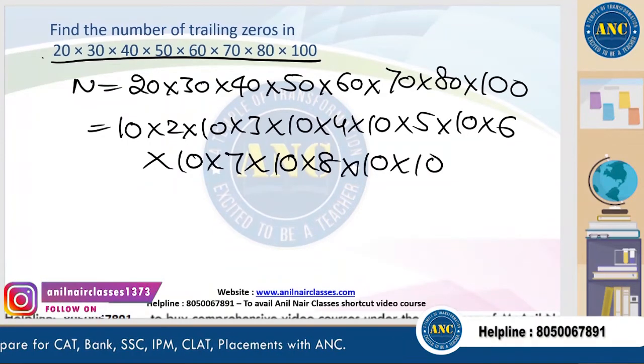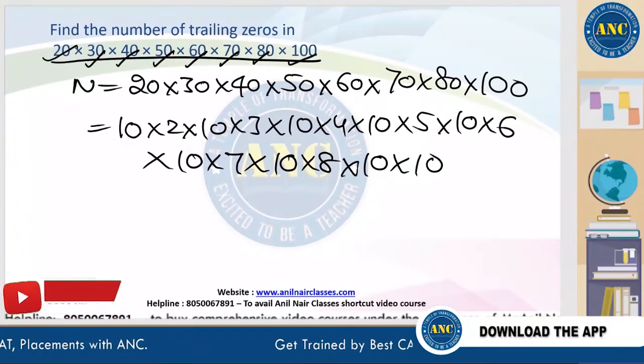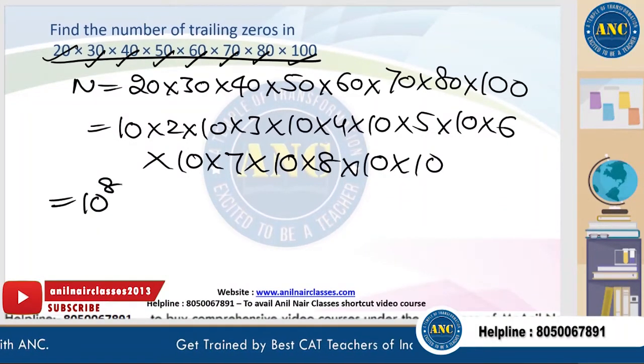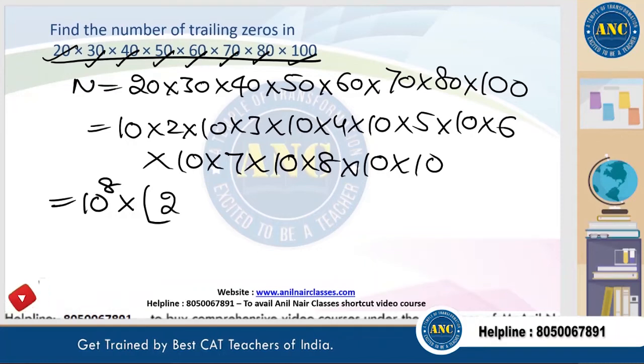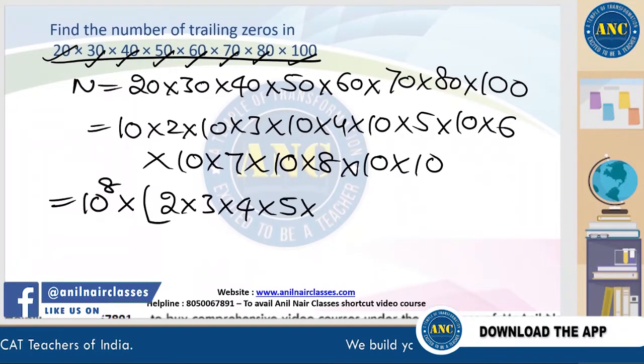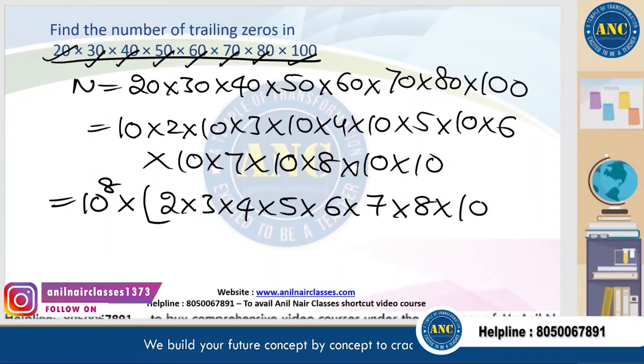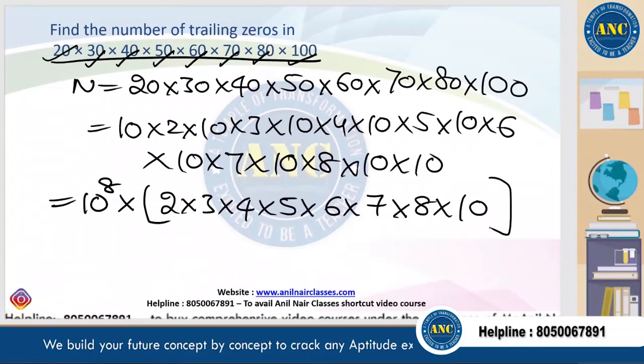Totally how many tens we got? 1, 2, 3, 4, 5, 6, 7, 8. So 10 power 8. What is the remaining number? 2 into 3 into 4 into 5 into 6 into 7 into 8 into 10. This is the remaining number.